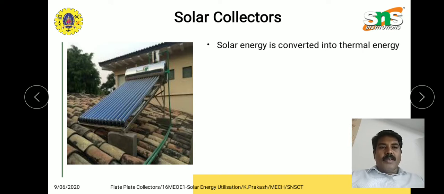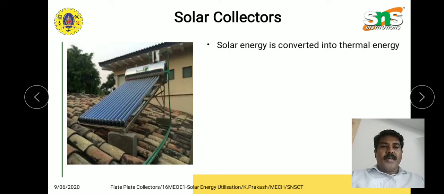In many houses, they are using electric water heaters to heat the water. They are placing electric geysers in their bathrooms, and many people in villages use wood. By burning the wood, we get hot water, and in some places we use coconut waste to heat the water.